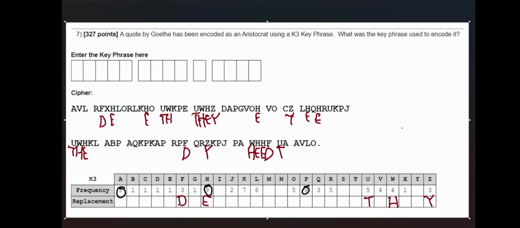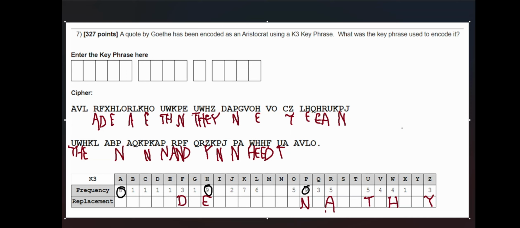Now we can see that we have the word and, A-N-D, so we're going to have R to A and P to N. So we're going to fill that in, P to N, and then R to A.